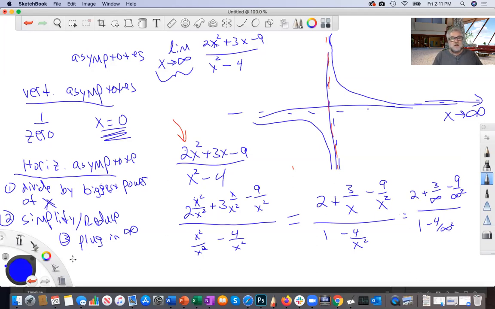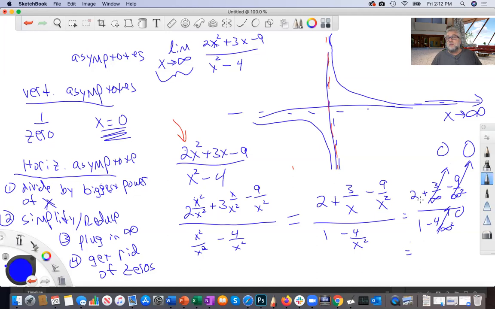Okay, now step 4, get rid of zeros. When I look over here, 3 over infinity, 3 over a hugely huge number, is going to be 0. 9 over infinity squared, definitely 0. 4 over infinity squared, 0.